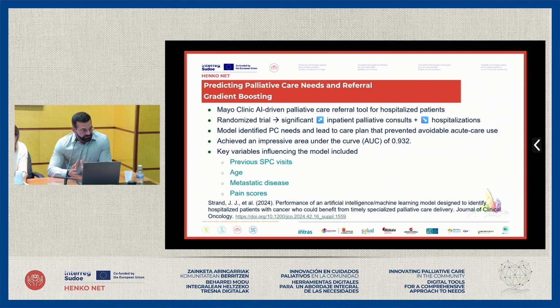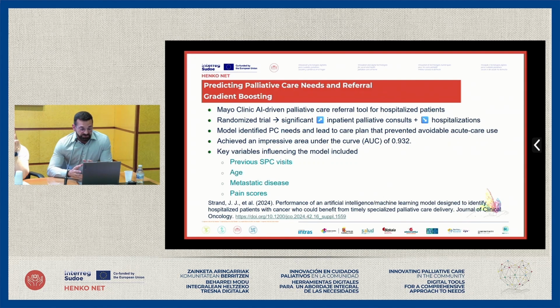It was validated in a randomized trial with a highly significant difference to identify the patients who need the palliative care consultation, and it also showed that it reduced hospitalization.